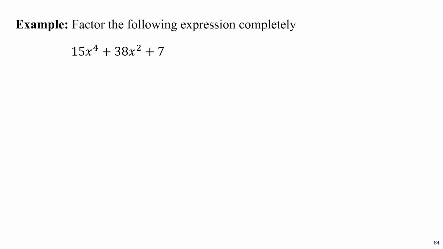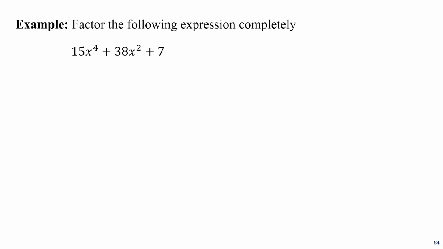So you can try to use the cross product method or trial and error method, right? So I'll give you 1 minute to think about this, and then let's have a look at the solution together. All right, let's have a look at the solution together.